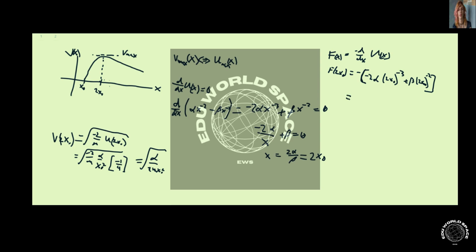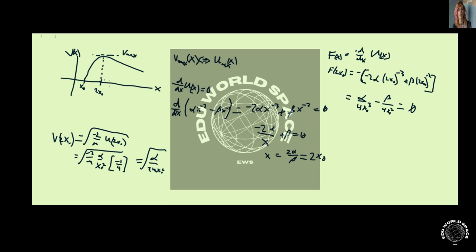Okay, and that will get simplified down to alpha over 4 x naught cubed minus beta over 4 x naught squared. And this is going to simplify, when we substitute in x naught equal to alpha over beta, to 0. And that's what we expect.